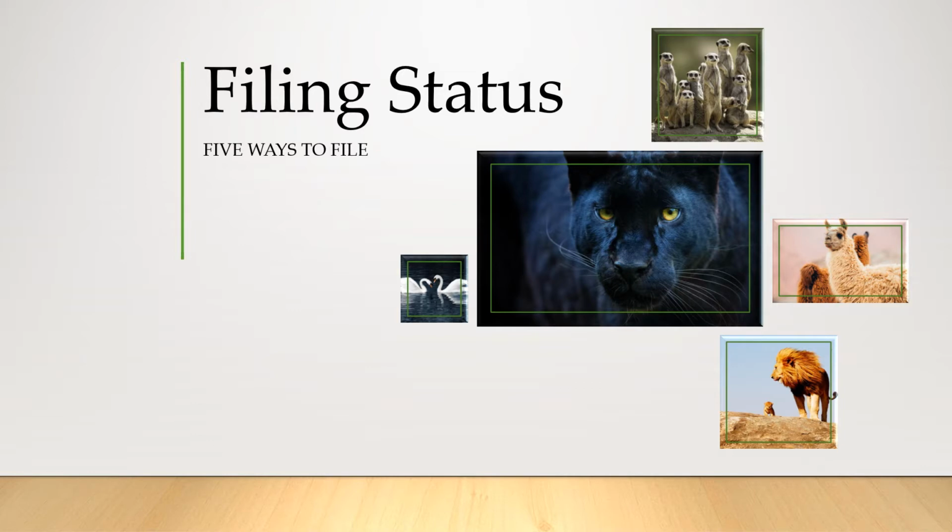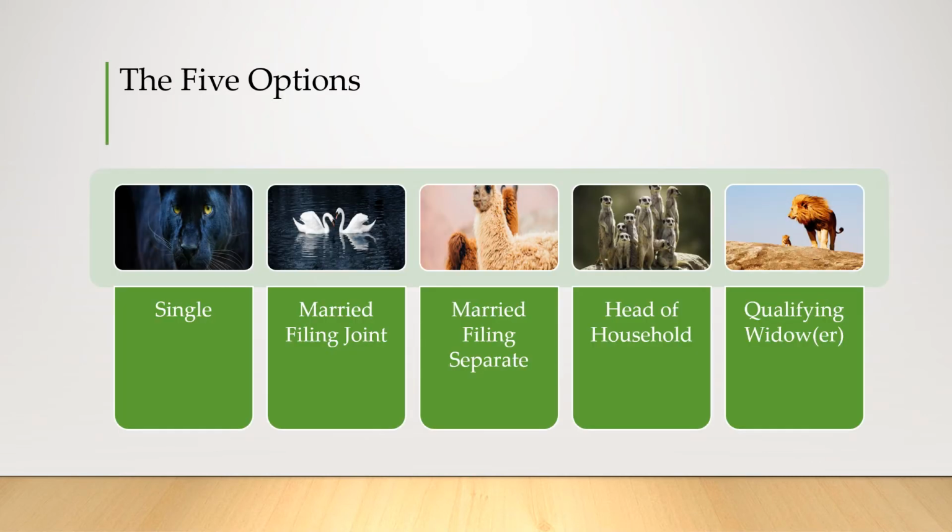We can think of filing status as how to file, or how to begin the filing process. So we covered the what forms and who files, and now we're covering how individuals start to file their returns. There are 5 ways individuals can file their returns, 5 filing statuses. Last time we brought up single and married filing joint as 2 of the more common.